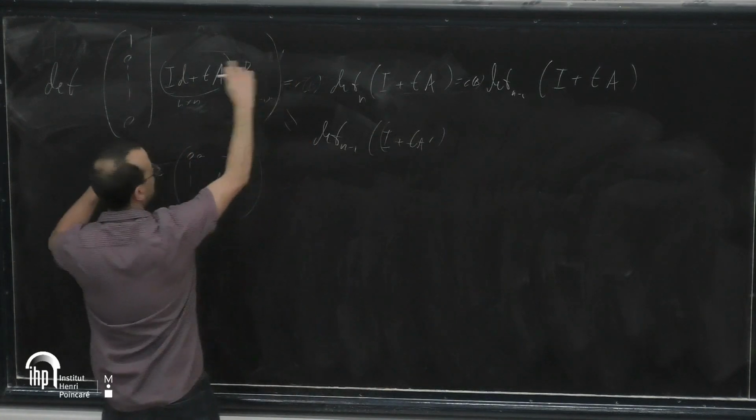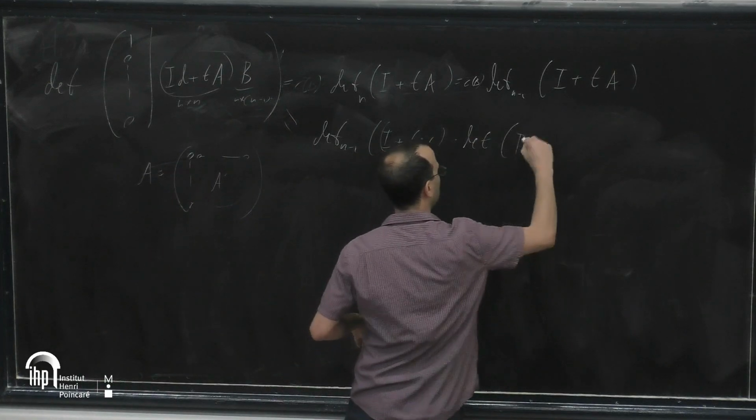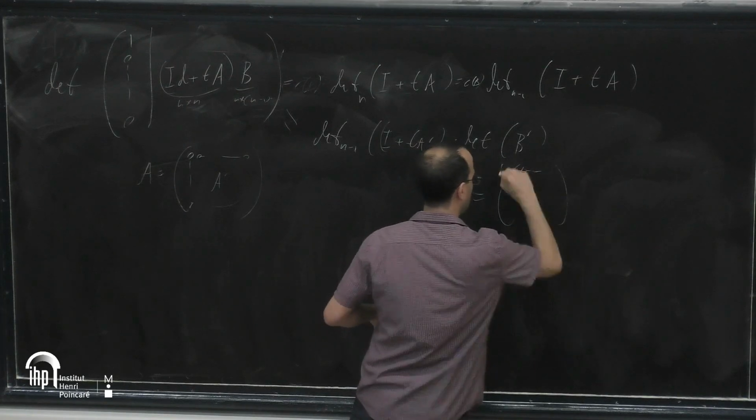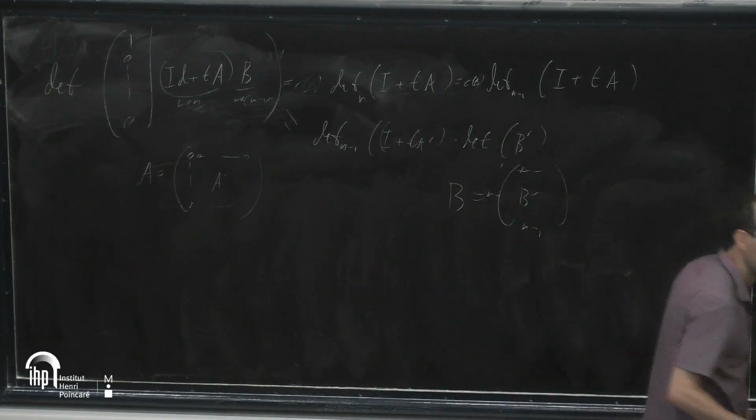You don't care about the first line of B, you just care about the determinant of B prime, which is n minus 1 by n minus 1. Very easy. Thank you, Stashek.